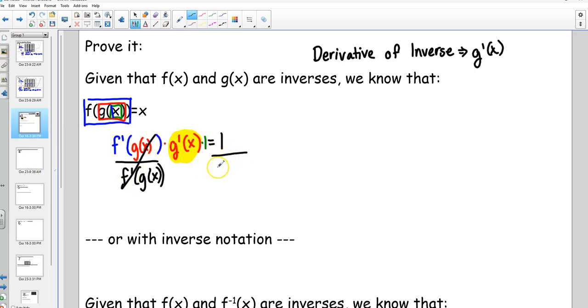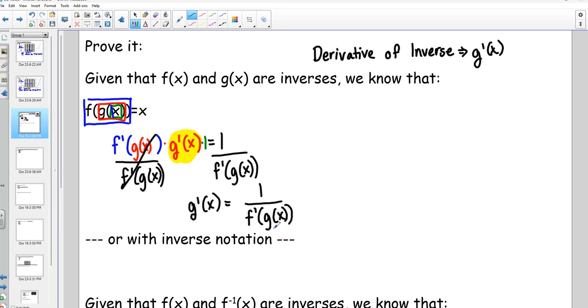I'm going to divide this side by f prime of g of x. So that gives me g prime of x always has to equal 1 over f prime of g of x.